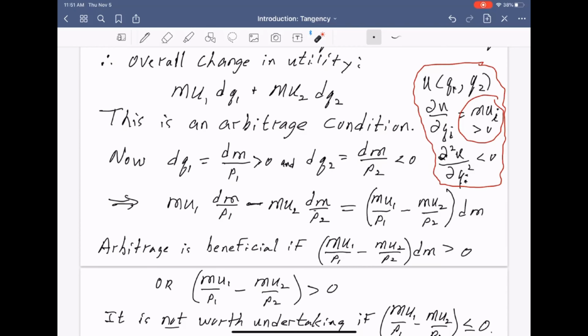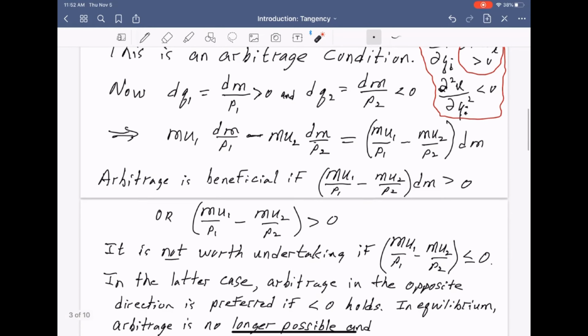So arbitrage turns out to be beneficial if the marginal utility of 1 divided by the price of 1 minus the marginal utility of 2 divided by the price of 2, all multiplied by the slight change in income, is positive. But because the change in income is non-zero, we can get rid of it. So as a result, this is our arbitrage condition. If it's greater than 0, then it is worth undertaking.